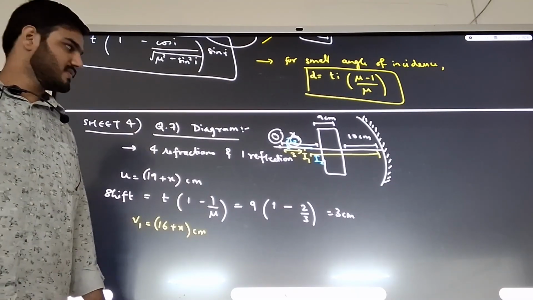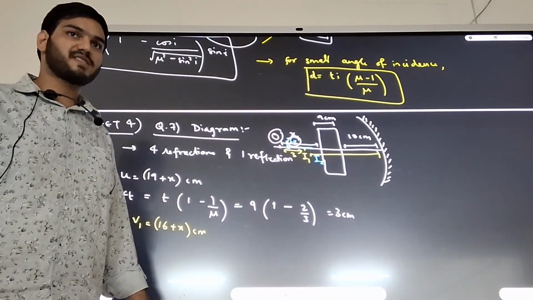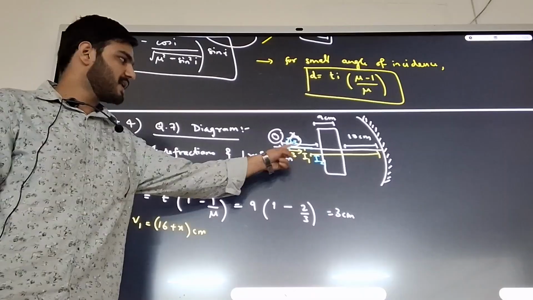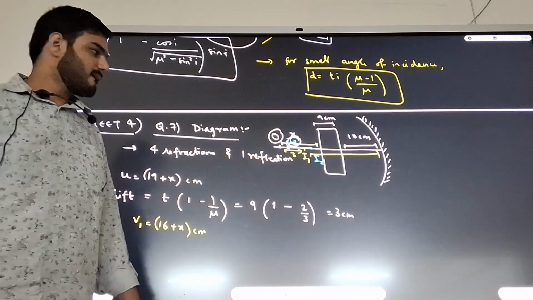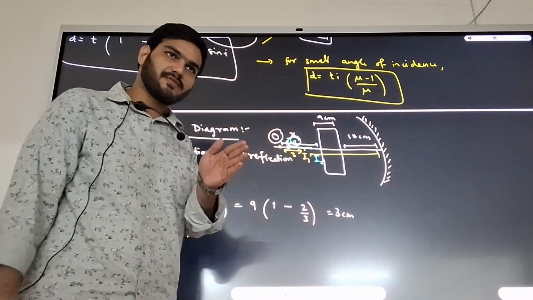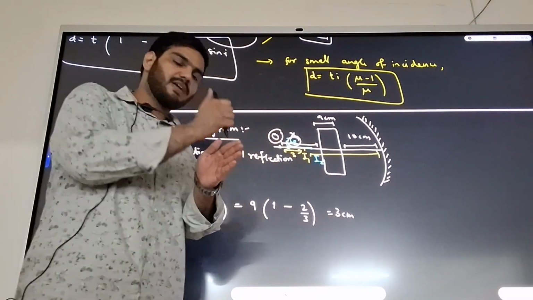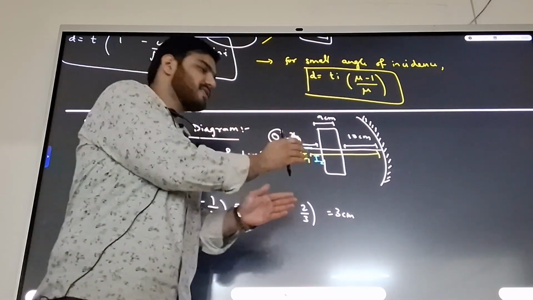Okay? So I already know I1 will not coincide. I2 should be formed somewhere so that plus 3 if I add then this will form here. है ना? तो बताओ, if I place my I2 at center of curvature, my image will be formed at center of curvature? Yes. And if I add 3, will I get O?